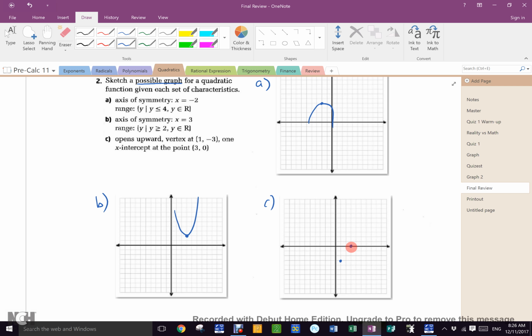What is that other point? Pardon me? -2, 0, -1, 0, because it was 2 away from here, so it has to be 2 away from there. All right.